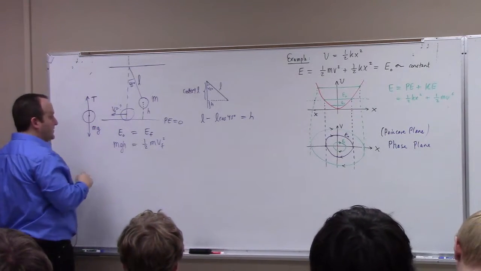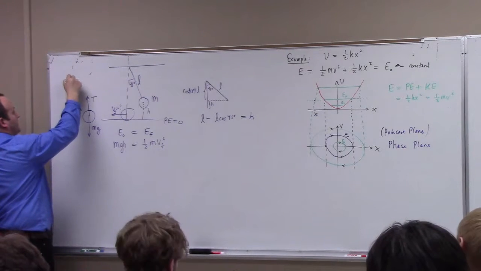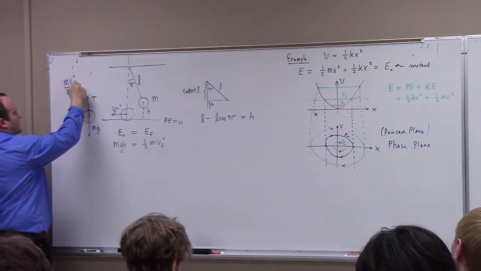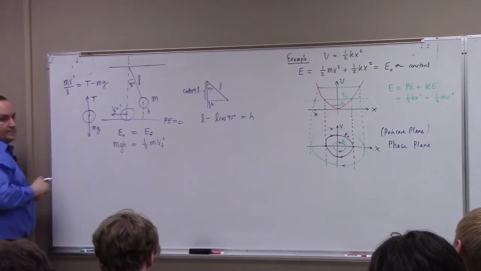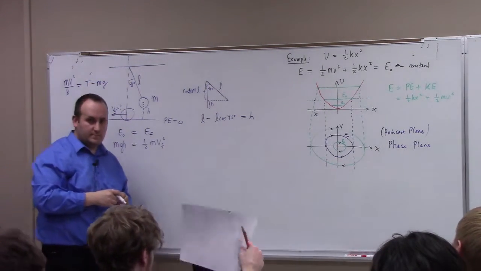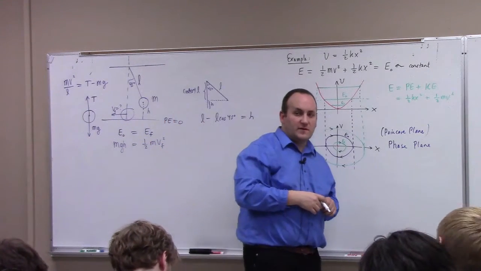Any other forces? No, that's it. Now, these have to give us mv squared over L. That has to be equal to T minus mg, right? That's the radial part of Newton's law.